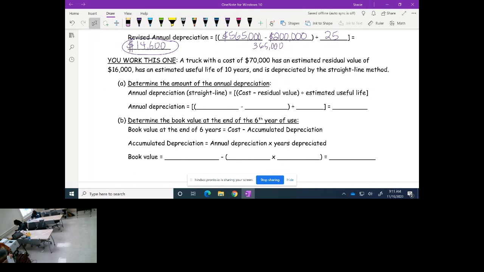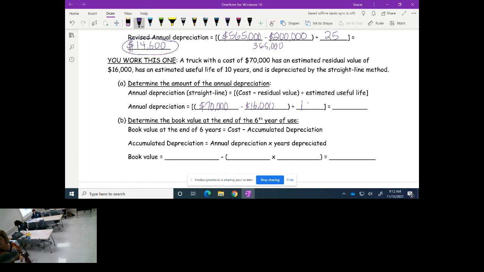So that's why we subtract it when we're trying to determine how much depreciation we're taking every year. So we'll take the 70 and we'll take out this 16,000 of residual value because we don't want to depreciate that amount. We're planning on the asset keeping that amount of value at the end of our depreciation period.